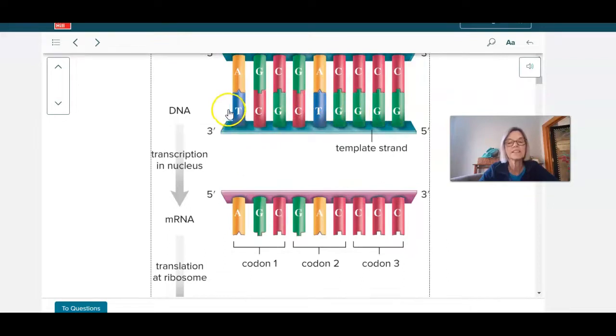And so what you can see is if this strand of DNA is being copied into RNA, if there's a T in the DNA, there's going to be an A in the RNA. If there's a C in the DNA, there's going to be a G in the RNA. So the sequence of the DNA is going to instruct the cell how to transcribe RNA, what your RNA sequence is going to be.